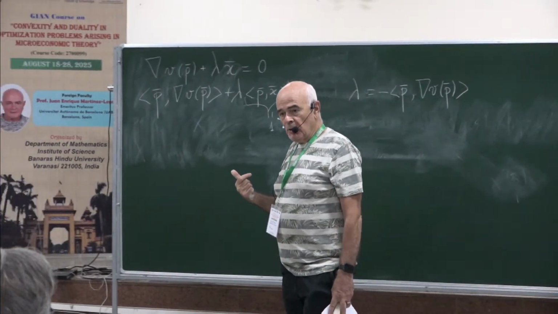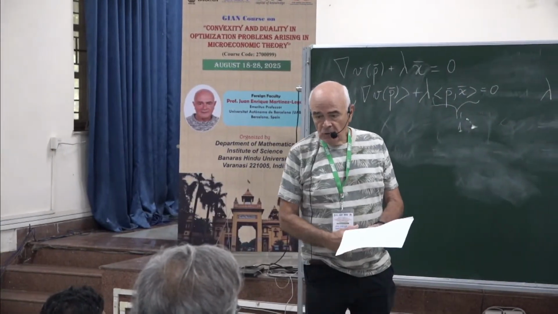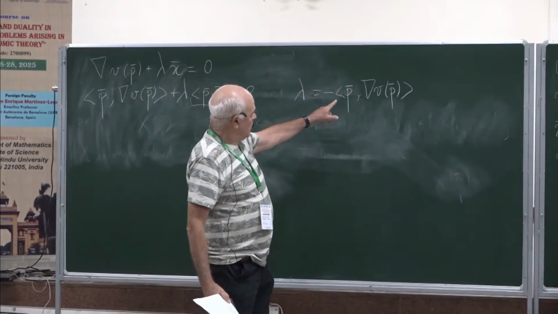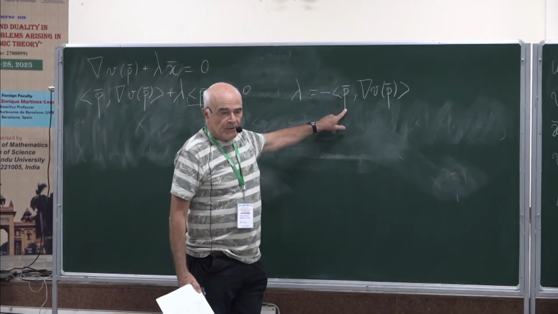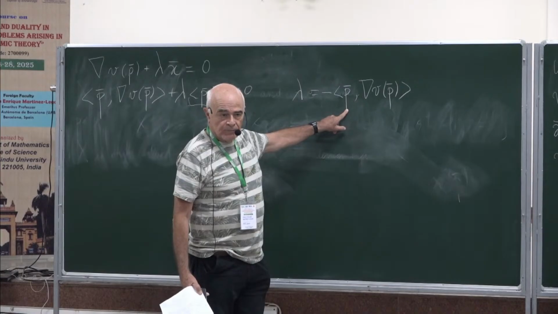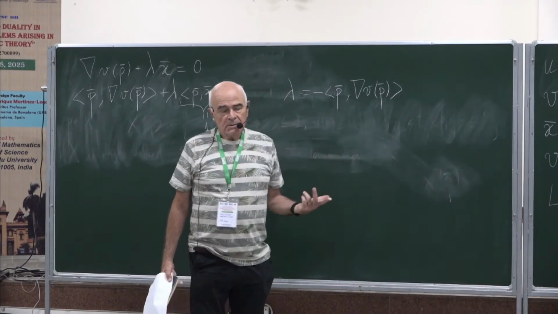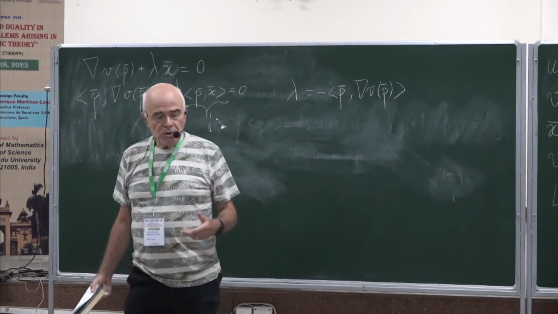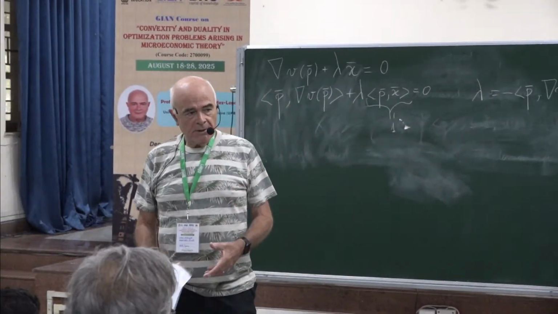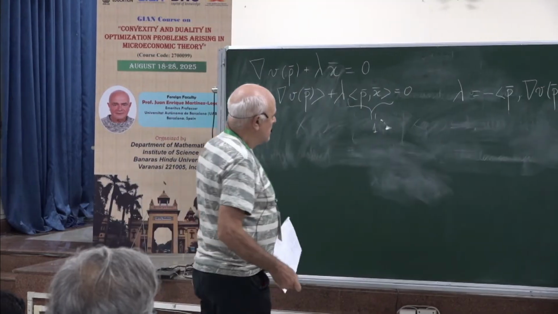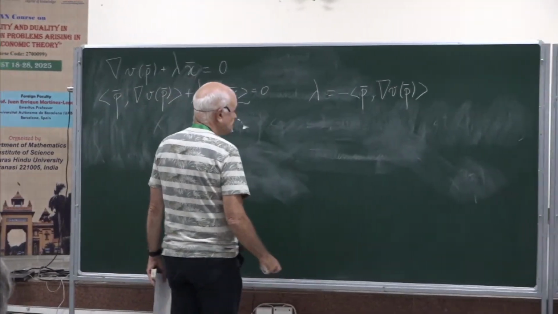So the inner product, by the way, is different from 0 because all the components here are strictly positive. And here, at least one is different from 0 and all the others have the same sign. Okay? Then we know lambda.